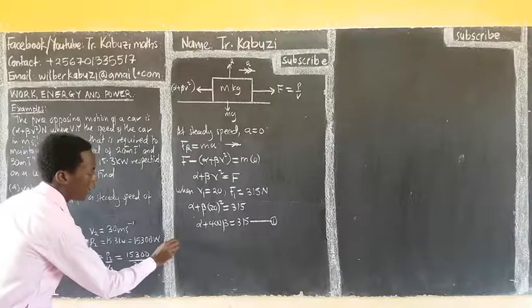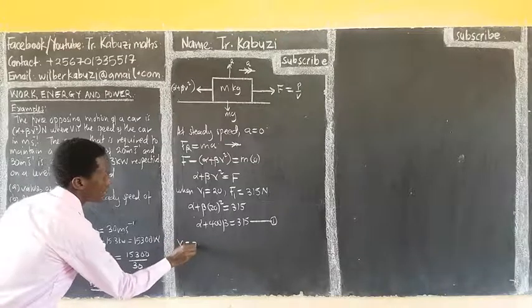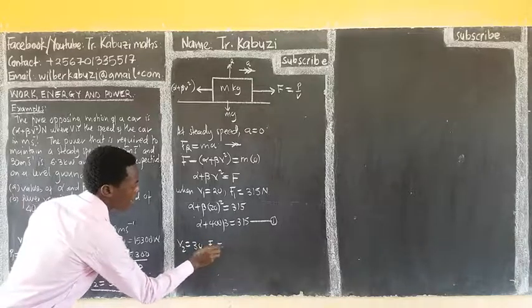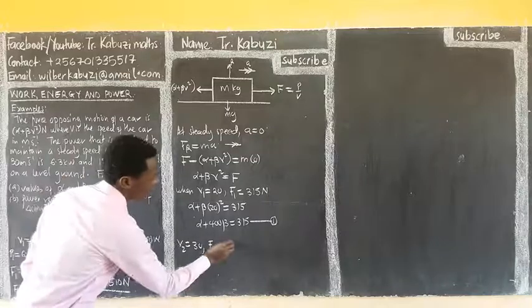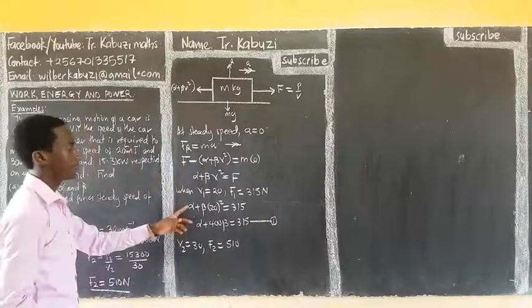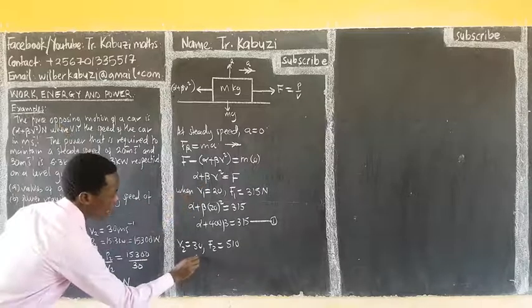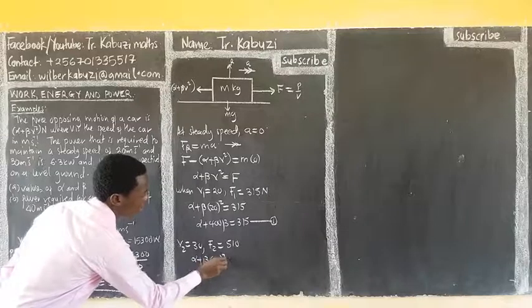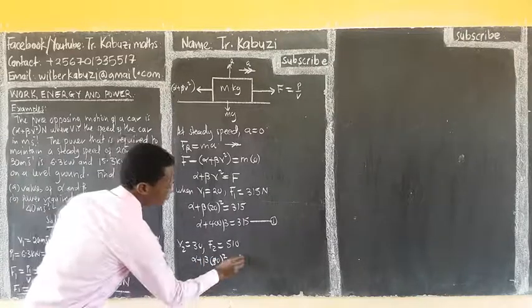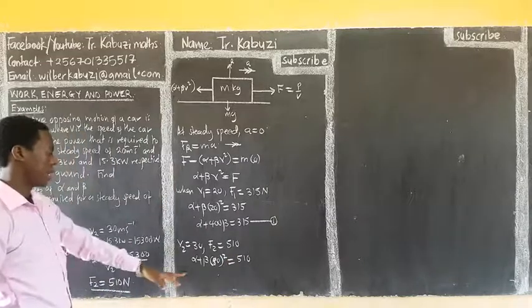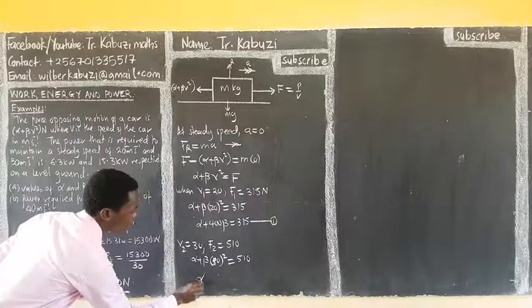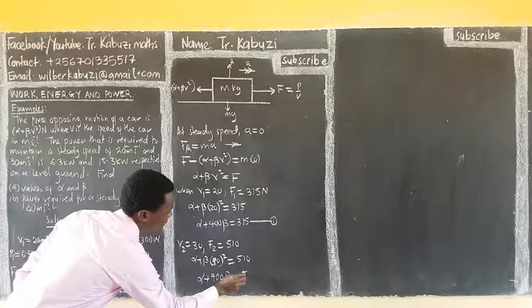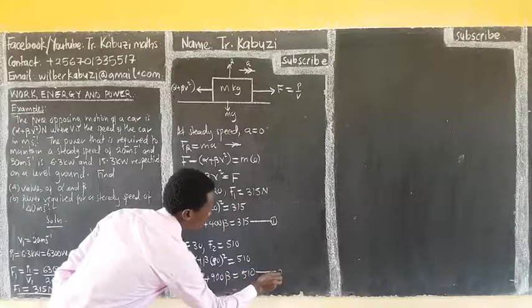When V2 is 30, my F2 is 510 newtons. Substituting into this formula, we have alpha plus beta into 30 squared equaling 510, so alpha plus 900 beta equals 510, and this is equation 2.